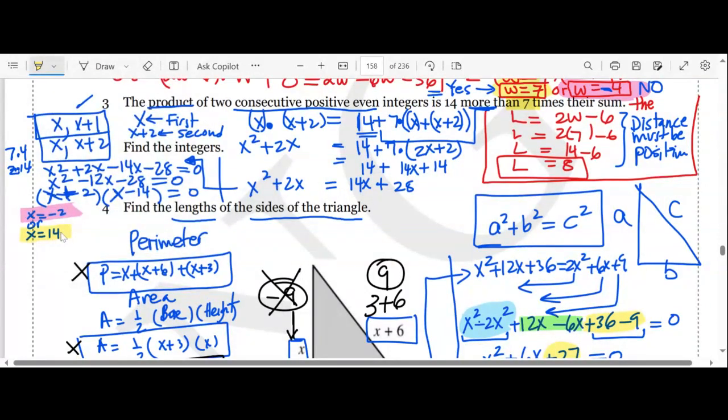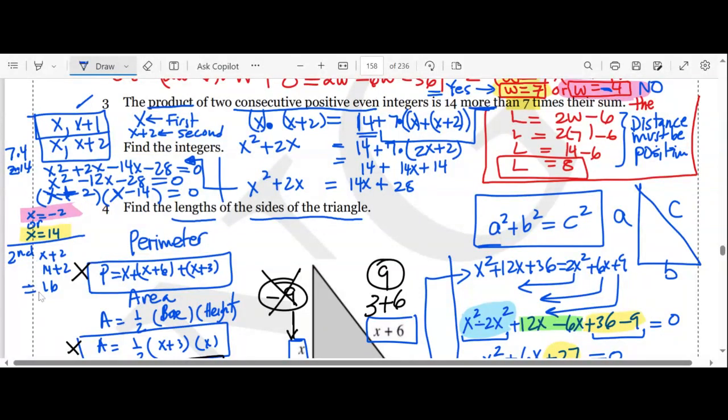Why 14? Positive. So the first number is what? 14. What about the second number? 16. The second number is 16. Why 16? Because it's x plus 2, right? So 14 plus 2 is how much? 16.